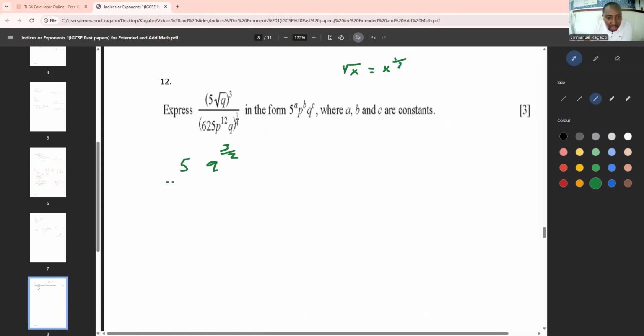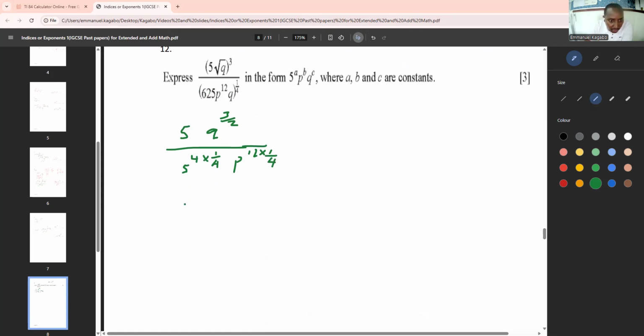Now, what about this? So let me first simplify this. Good enough. I've done the previous one. This is the 5 power 4 times 1 over 4. Okay. Now, p power what? P power 12 times 1 over 4. Okay.